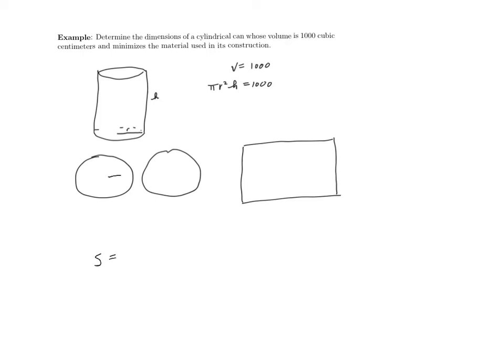Now note, the top and the bottom circles for this cylinder have radius r. And the area of a circle of radius r is pi r squared. And there's two of them. We have one for the top, one for the bottom. Then we also have to add onto this formula something corresponding to the sides of the cylinder.